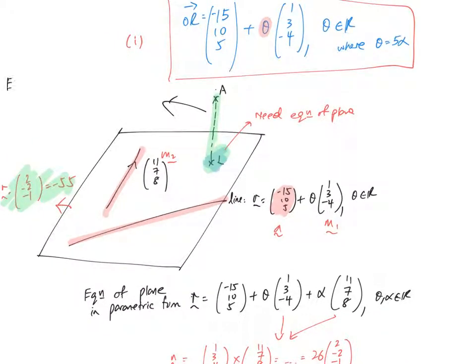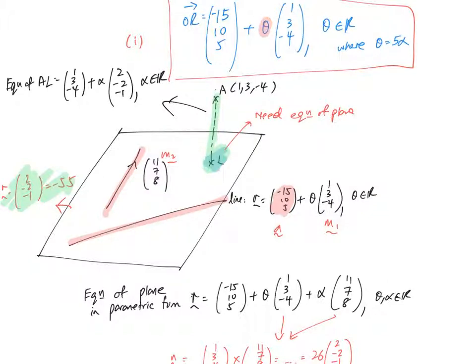In the equation of AL, because OA is the point (1, 3, -4), the equation of AL is (1, 3, -4) plus alpha of (2, -2, -1), where alpha is real.